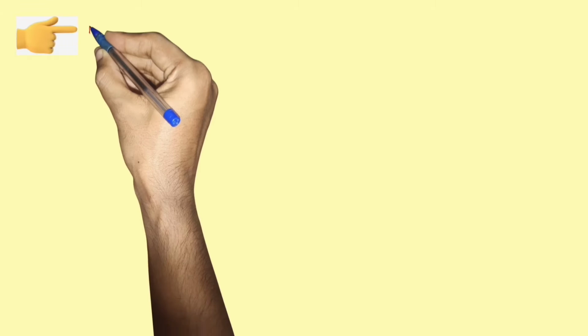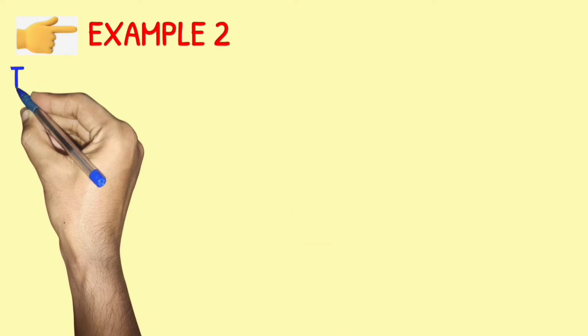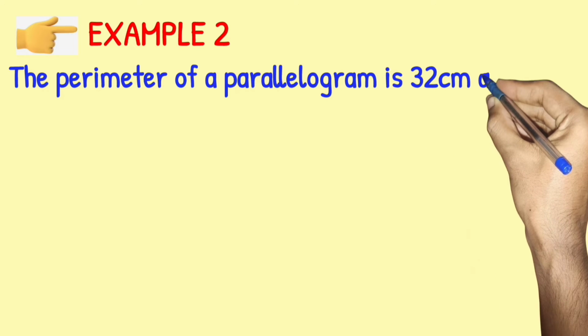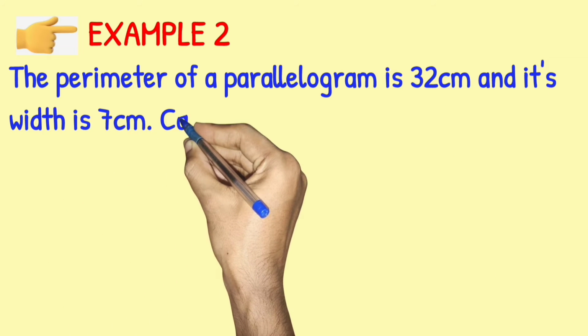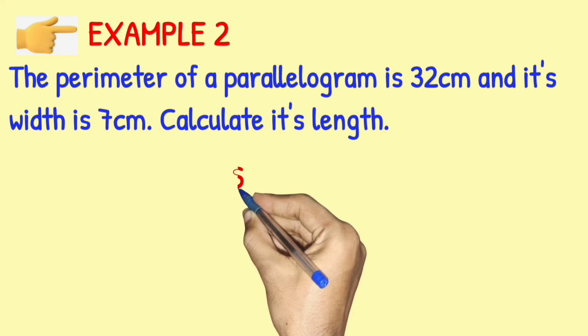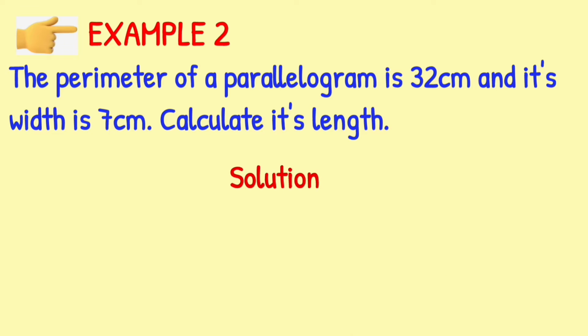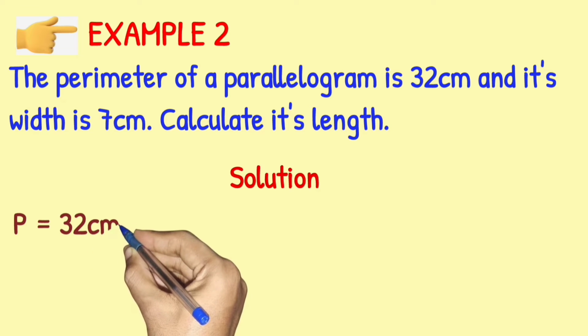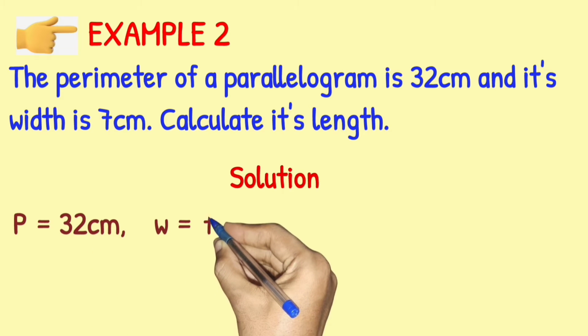Here is another example. The perimeter of a parallelogram is 32 cm and its width is 7 cm. Calculate its length. In this problem, the perimeter of the parallelogram is 32 cm and its width is 7 cm.